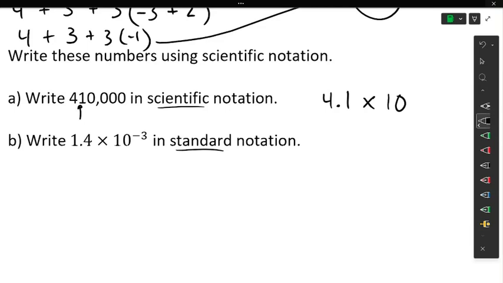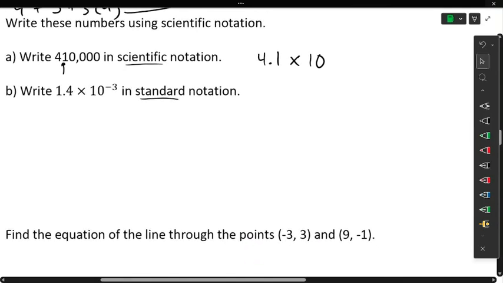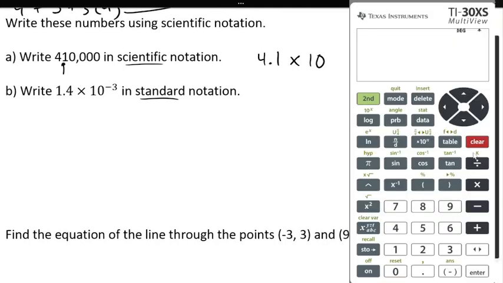And you can see this on a calculator, right? How many tens do you need to multiply it by? You can count them, but I can count them right here too, because the beautiful thing about multiplying by 10 is it's easy to do because you're just moving decimal points. But to demonstrate this, I'm going to go ahead and throw the 4.1 on the screen. So here's my 4.1.